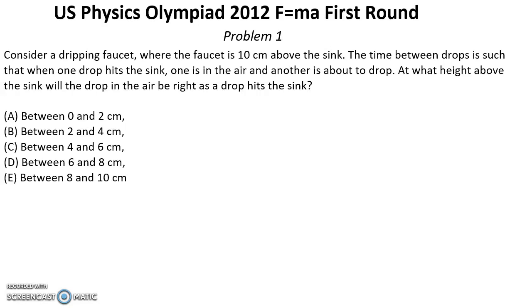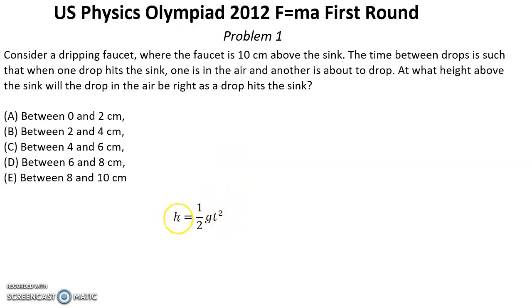Here we can use a formula height versus time. So this formula looks like this: h equals 1/2 g t squared. Let's analyze this. Let's take the first drop. The first drop takes time t to cover 10 centimeters, and the second drop takes time t over 2.